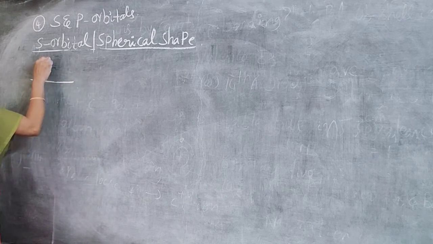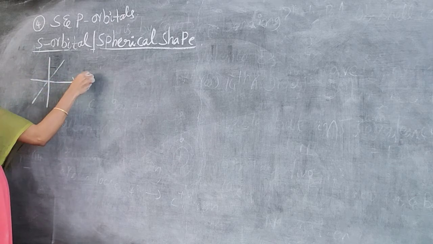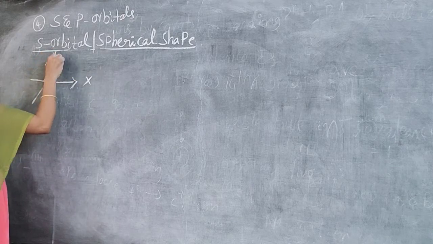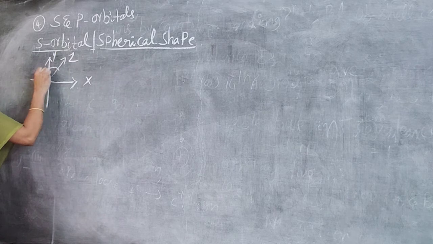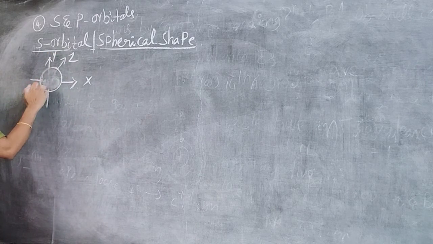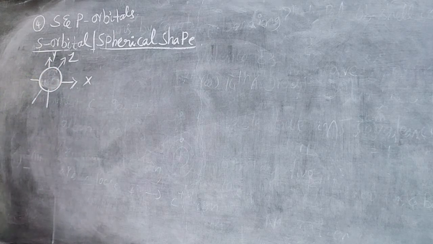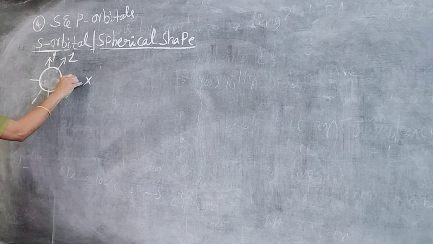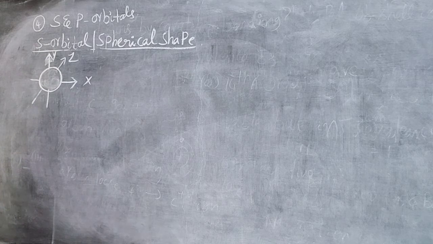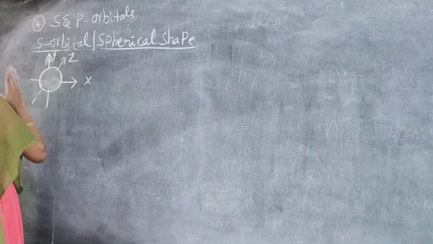X, Y, Z axis, X axis, Y axis, Z axis. I have to draw like this, spherical shape. Yes, this is a spherical shaped subshell, that is the S orbital.